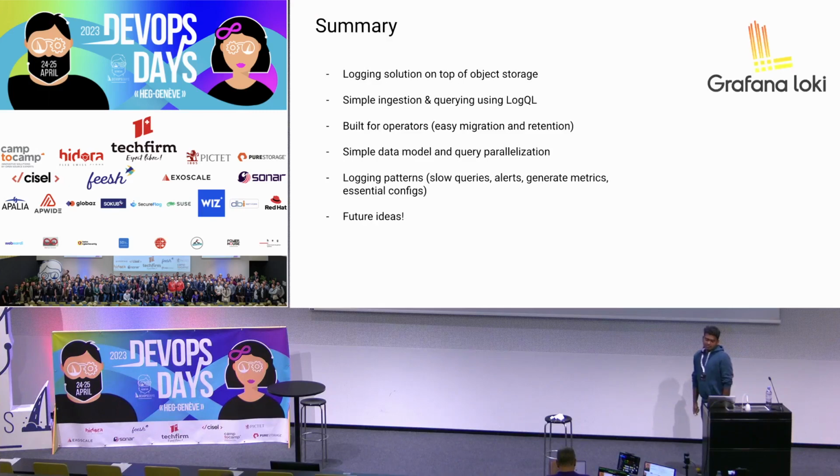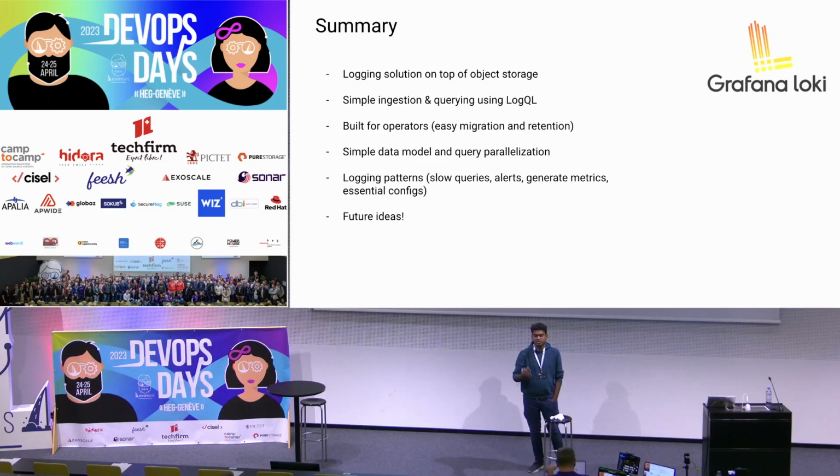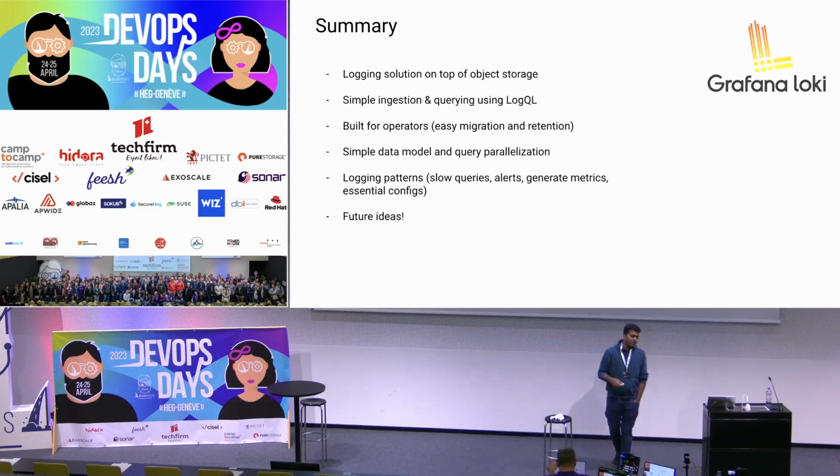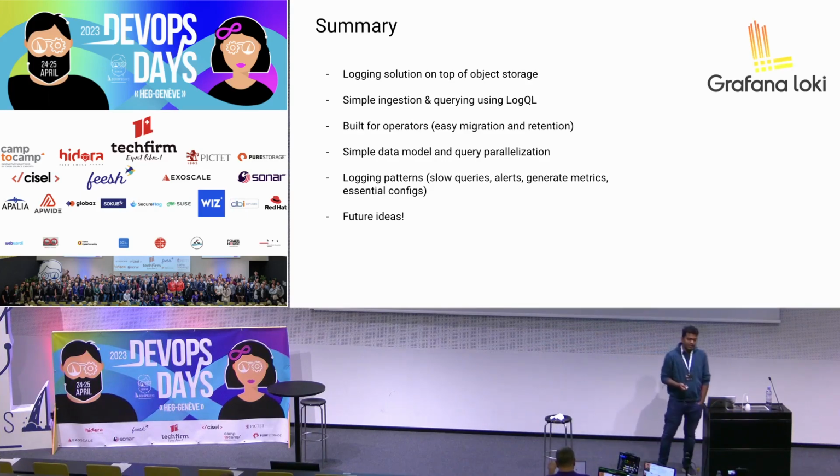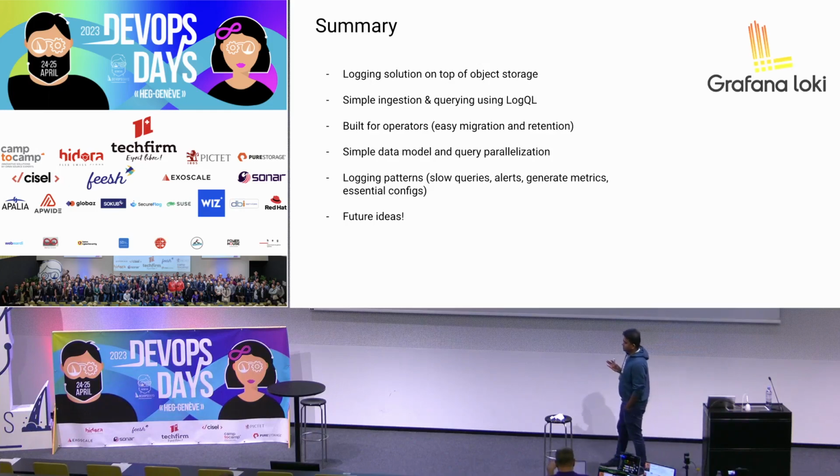So to summarize what we saw, the takeaways I want you to have by the end of this talk are: Loki is just another database built on top of object store, and it is mainly designed for logs, right? It has only object store as a dependency. It has simple ingestion, and the query path is mainly focused on parallelization rather than indexing everything, right?